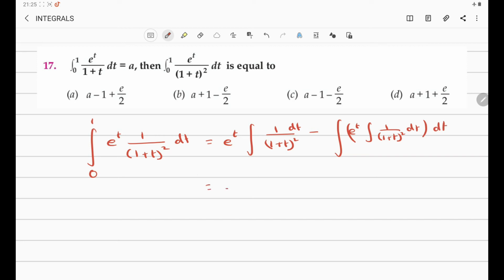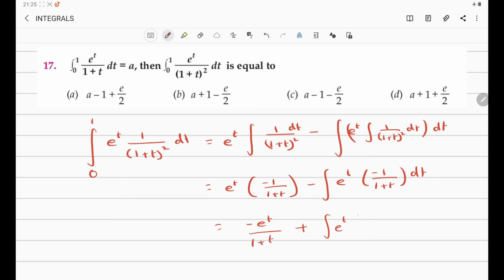So we get this as e power t into minus 1 by 1 plus t, minus integral of e power t into minus 1 by 1 plus t dt. So we got this as minus e power t by 1 plus t, and minus into minus gives plus integral e power t into 1 by 1 plus t dt.